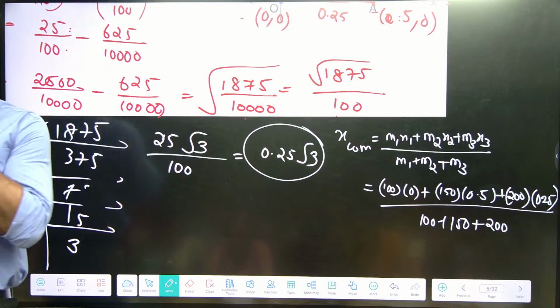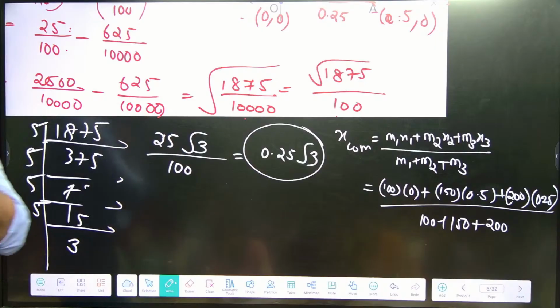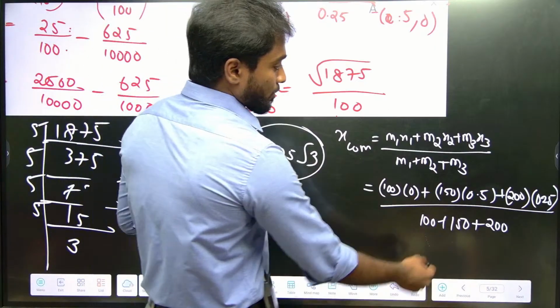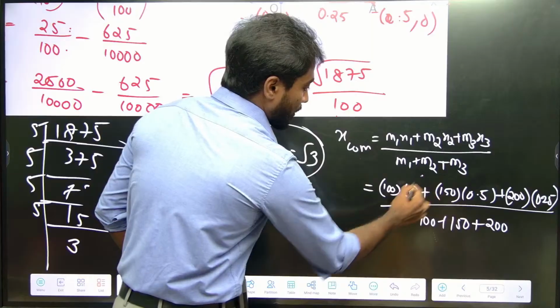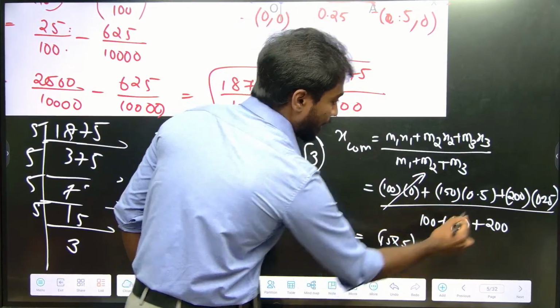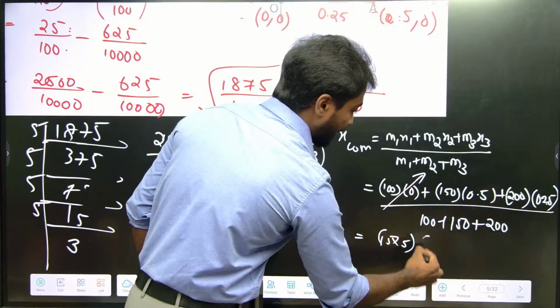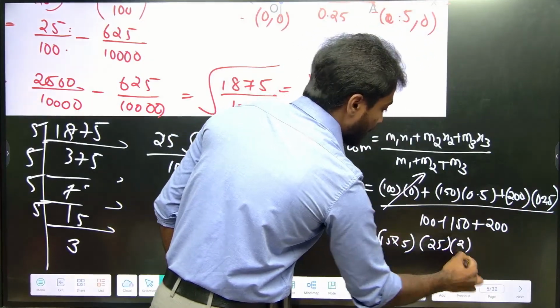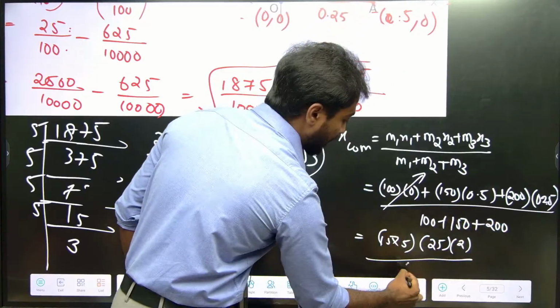Get the calculation first for this one. This will cancel off. So 15 times 5, and then 2 zeros, and this point I can take out. So 25 times 2 divided by 300 and 450.